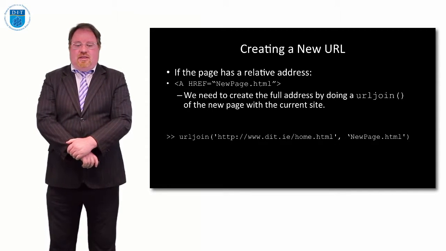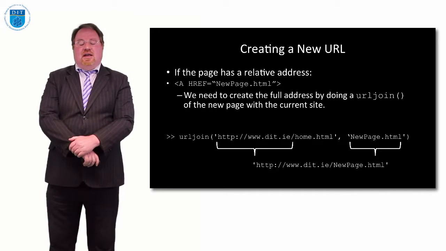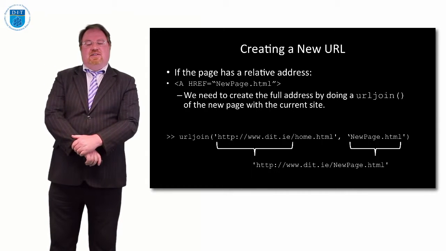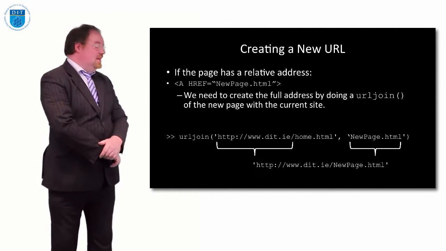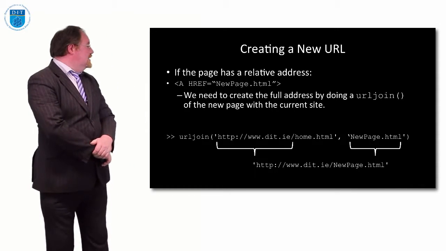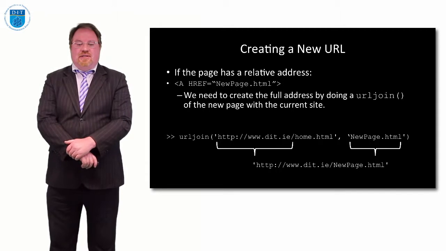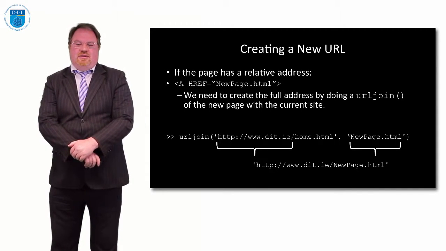Another example, if it's dit.ie/home.html, and on home.html there's an a href equals newpage.html, then I can create the link to that absolute address, dit.ie/newpage.html, simply by doing urljoin. So that's an important building block in constructing a spider.